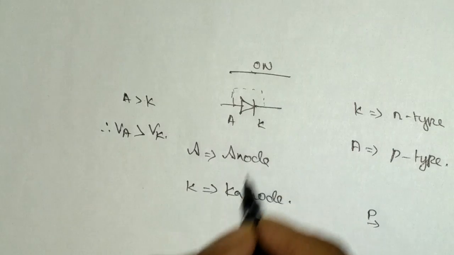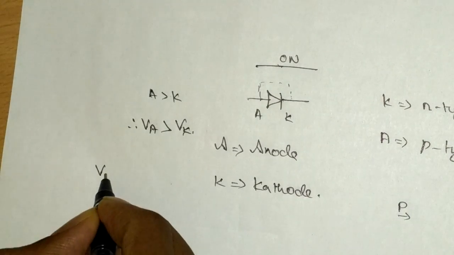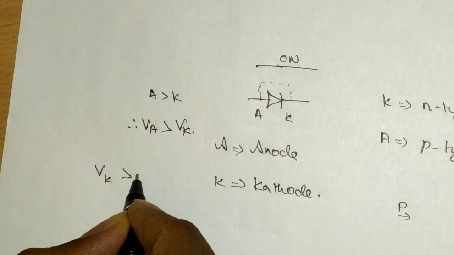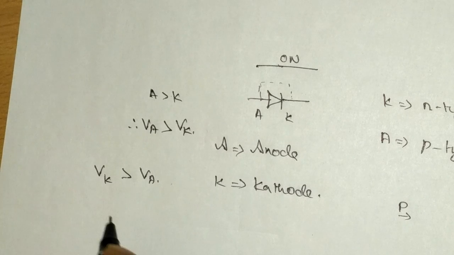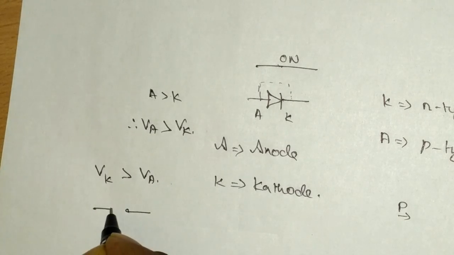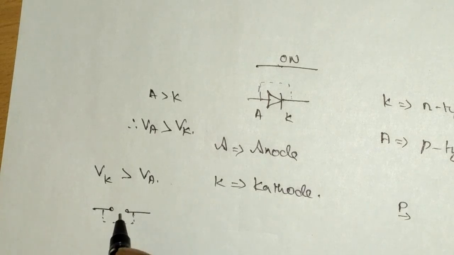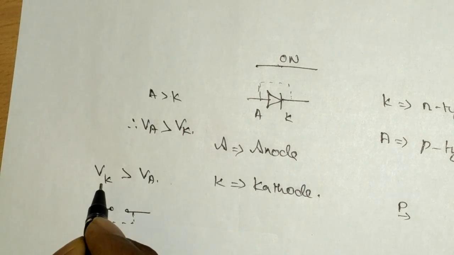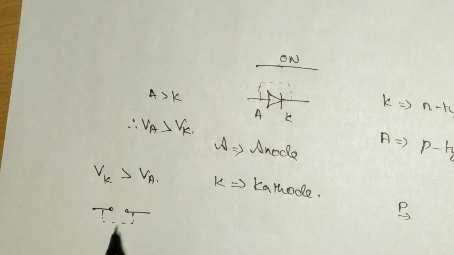When the cathode voltage Vk is greater than Va, the diode looks like an open circuit.